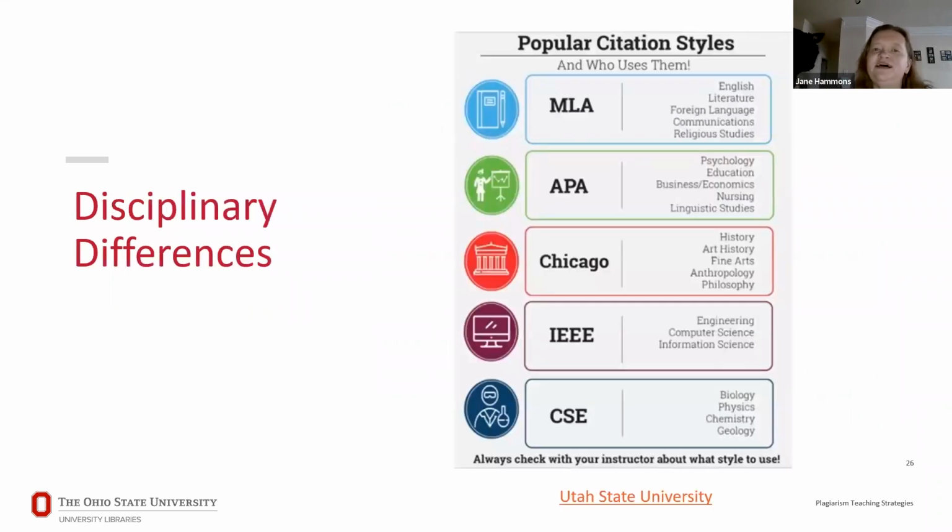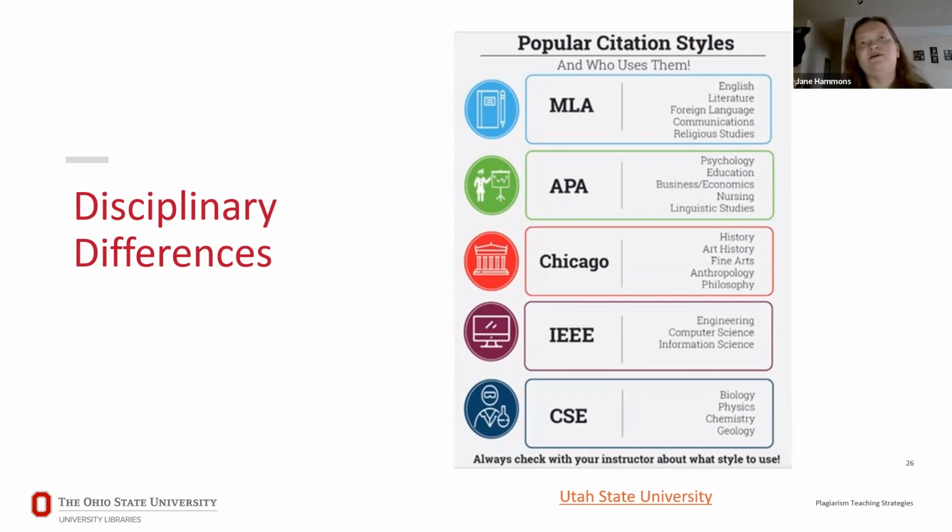Another thing I want to mention is all of the disciplinary differences around plagiarism and citation. So students not recognizing when they need to use a different citation form. Different disciplines have different conventions in terms of how sources are integrated into a paper or project, and students may not always recognize all of these differences.